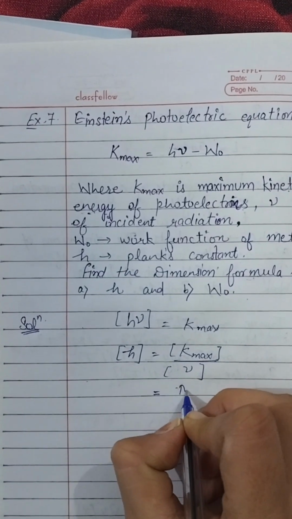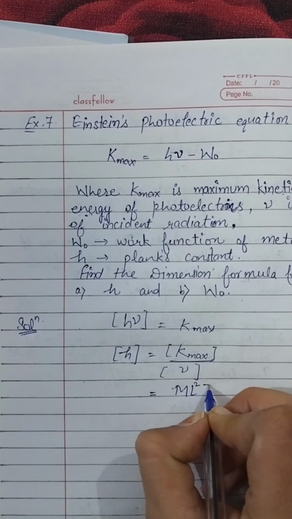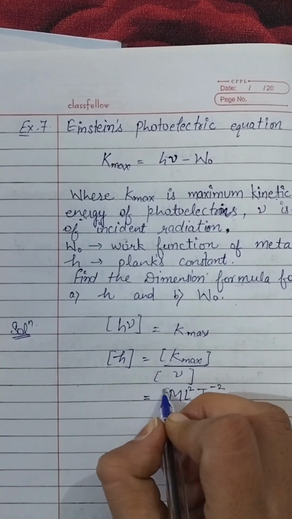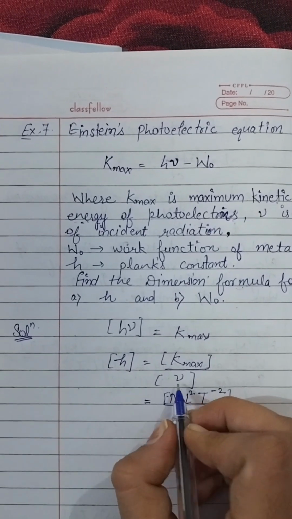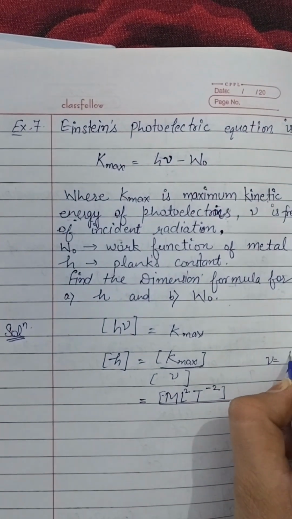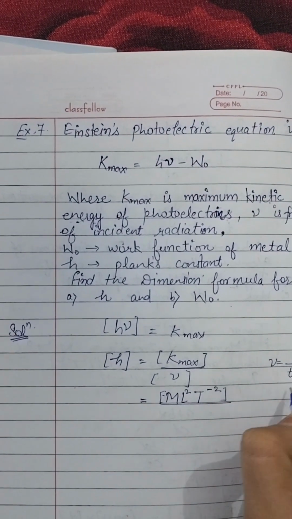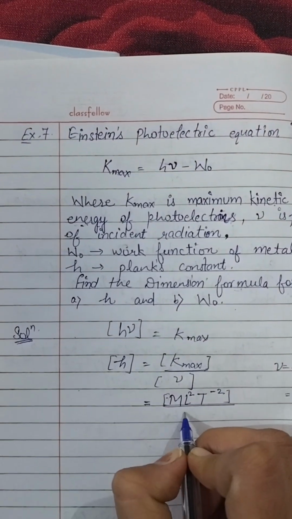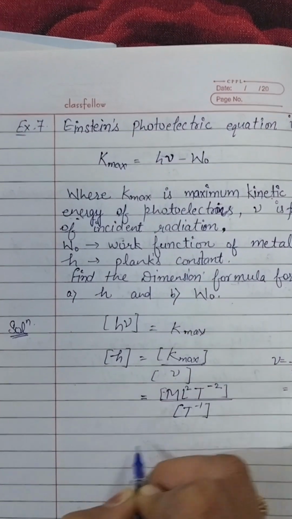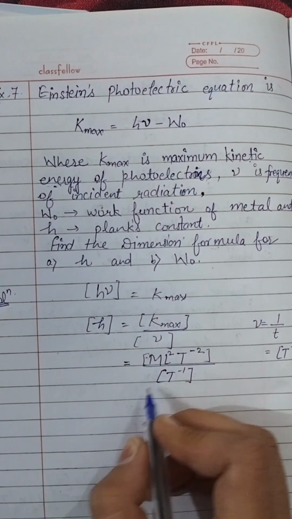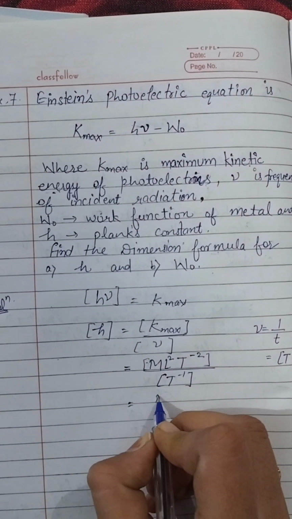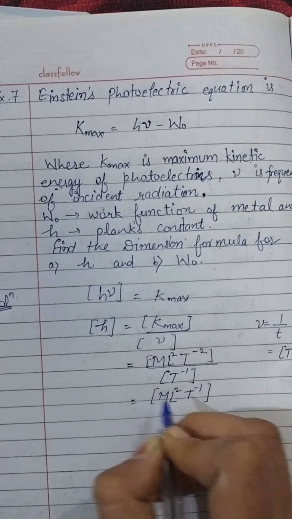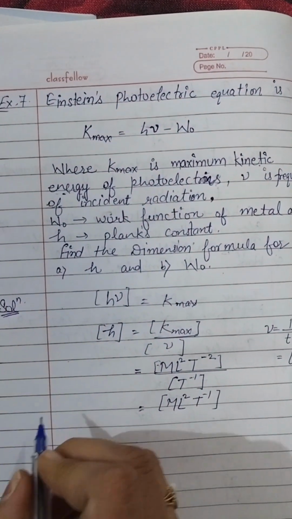The dimension of energy we already talked about, M L2 T minus 2, and nu is the inverse of time, so we can write it as T minus 1. After solving, we find M L2 T minus 1, the dimension of the Planck constant, and this is our first answer.